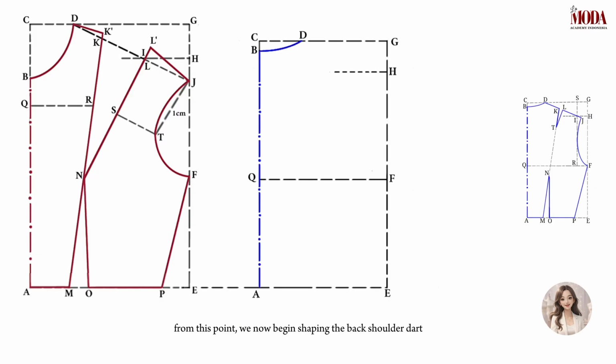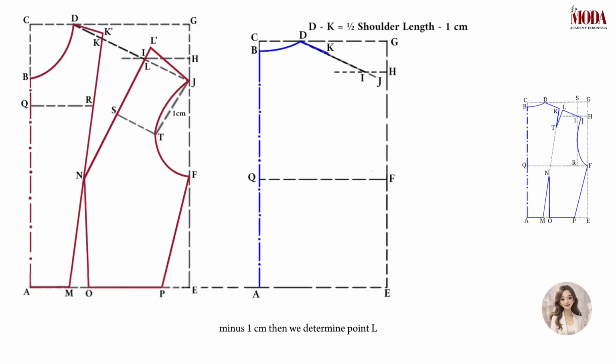We now begin shaping the back shoulder dart. The process is similar to shaping the shoulder on the front pattern. From point D, draw a line equal to the shoulder length toward the horizontal guideline drawn from point H. The end point of this line is labeled point I. From point I, extend the line by 1.5 centimeters to locate point J. Next, we locate point K. According to the formula, the distance from point D to point K is half of the shoulder length minus 1 centimeter.